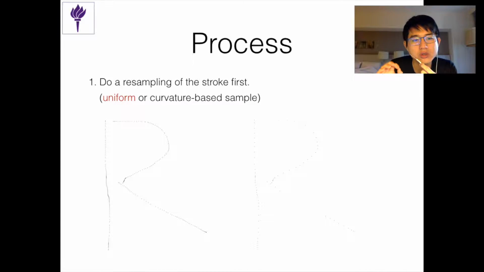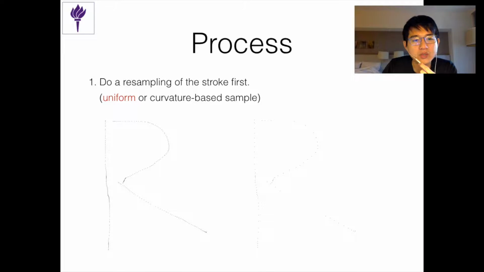Here I use uniform sampling. Although I would love to try the curvature based sampling method, I don't think the equation in that paper is correct, so when I did the implementation, I could not get a correct curvature based sampling.